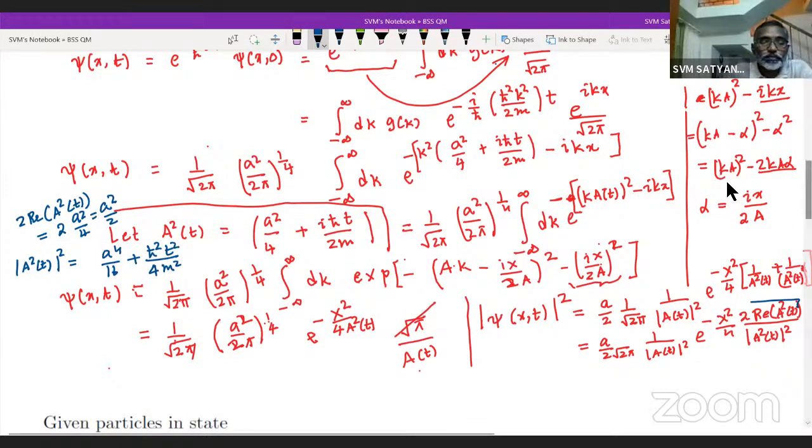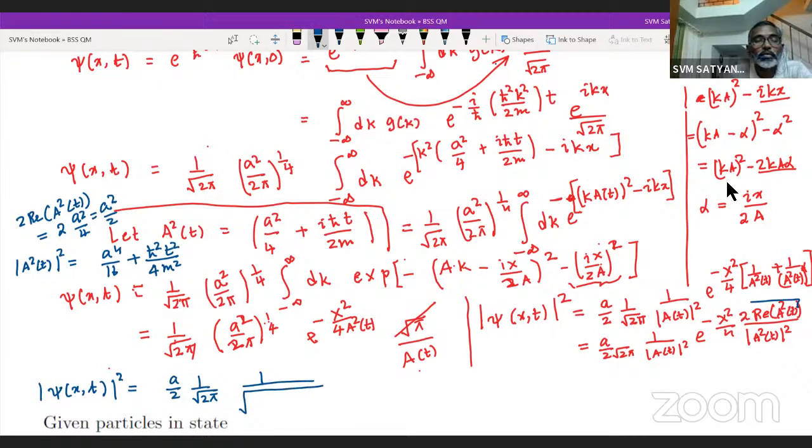Now you can write down your modulus of psi of xt the whole square is equal to a by 2 1 by root 2 pi. And 1 by a of t mod square is 1 by square root of a to the power 4 by 16 plus h bar square t square by 4m square.